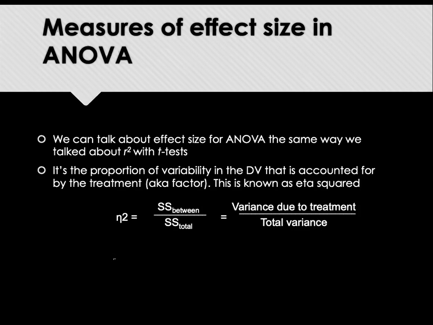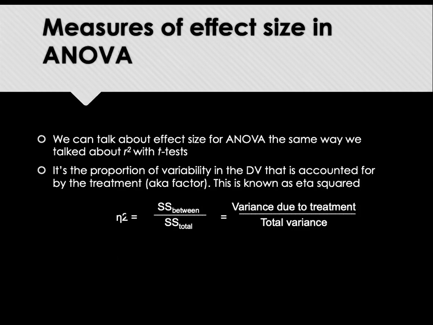With ANOVAs, it's the same exact idea, except it's eta squared, not R squared. And eta squared tells us the proportion of variability in a dependent variable that is accounted for by the treatment, or by the factor, or the independent variable, right?